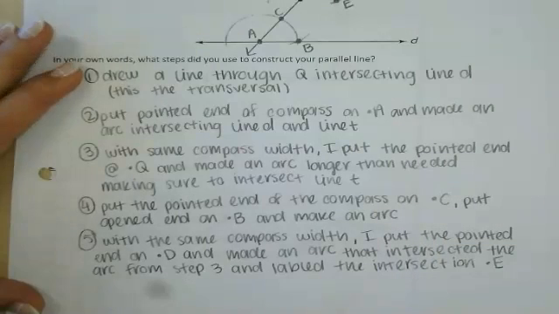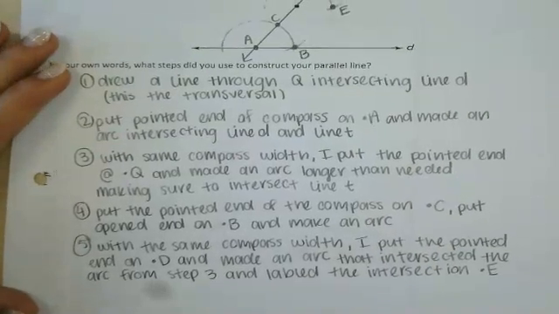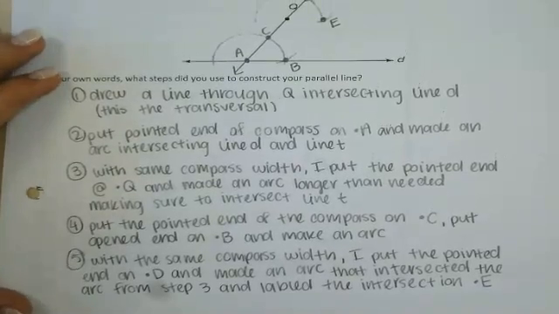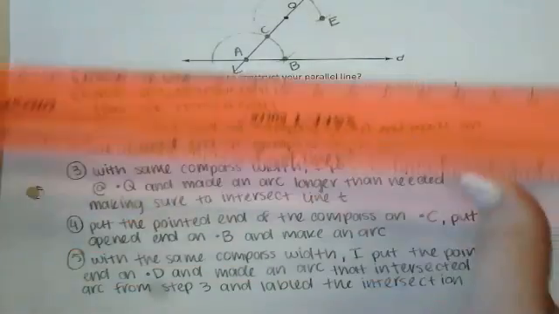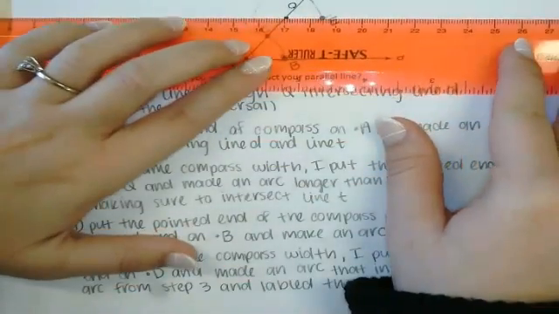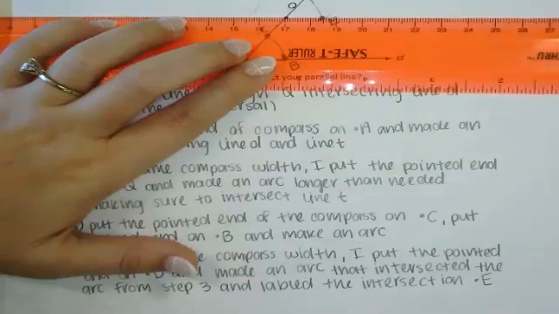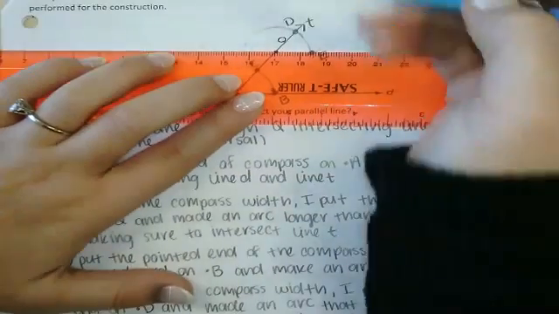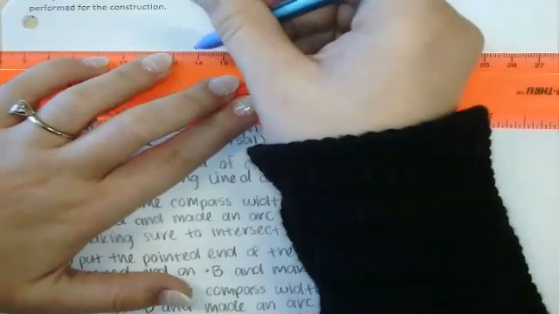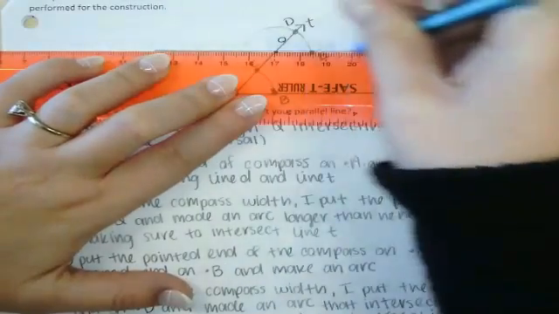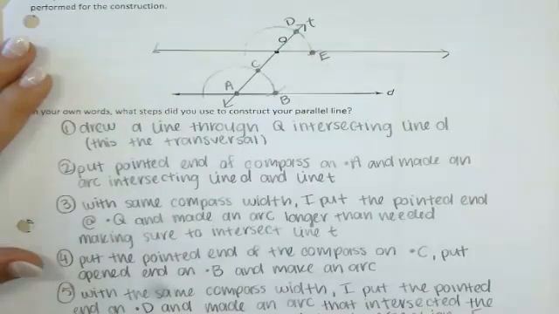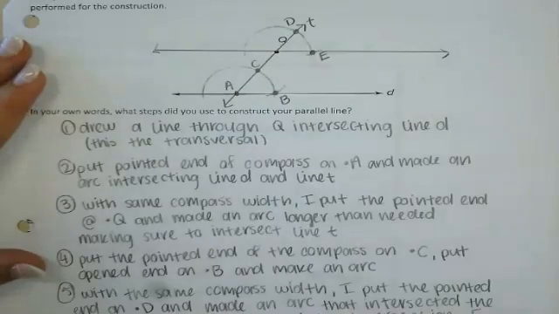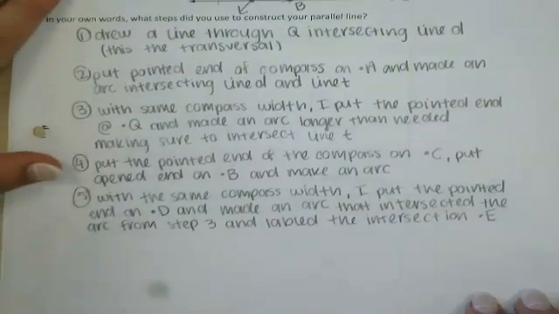All right. And now that we have all of these points, we can take our straight edge and we come back up here and connect the point that was given to us, Q, and the point E that we constructed. So that would be our last step.